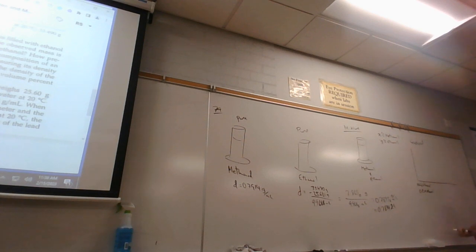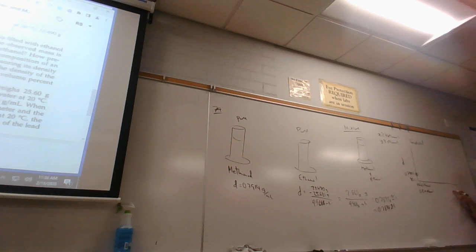Here, what would the density be? This would be the density on the y-axis. The density will be 0.7894 grams per milliliter. Right? Okay, now I'm going to go all the way to the other extreme.